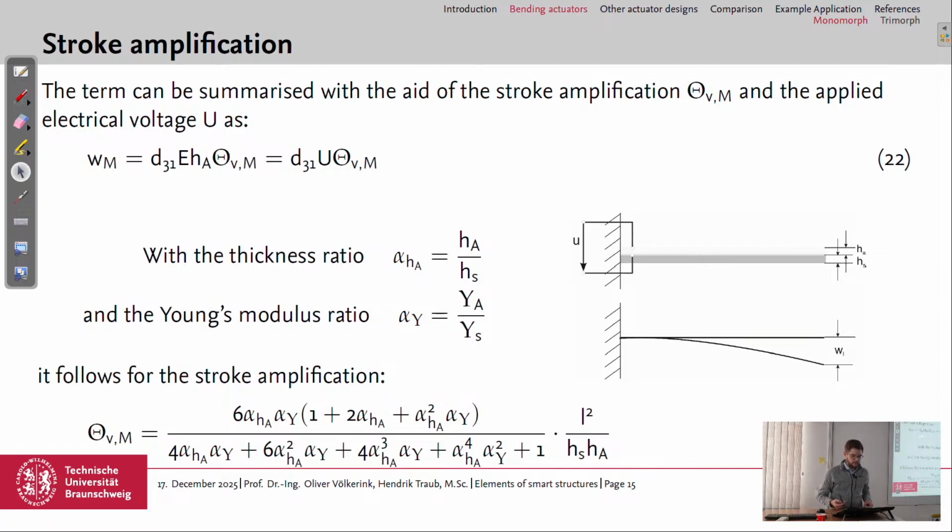So we can simplify this when we summarize the stroke amplification for the monomorph. Therefore, we have here the capital M for monomorph, and here also capital M. We could also say that the electric field times the thickness of the.